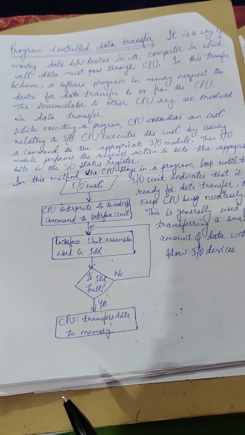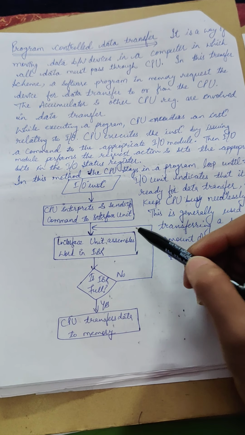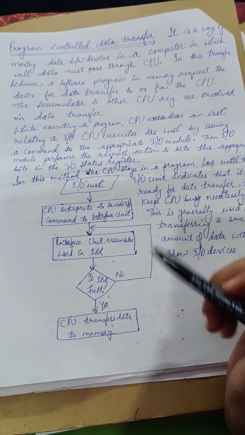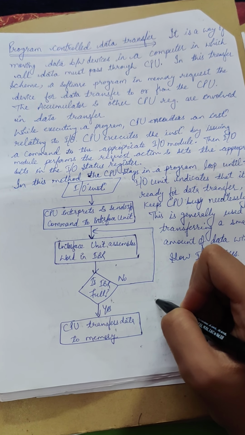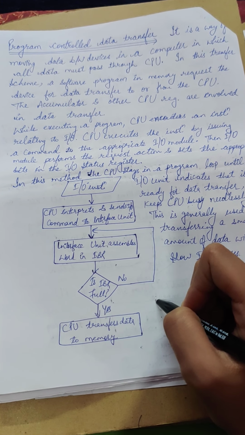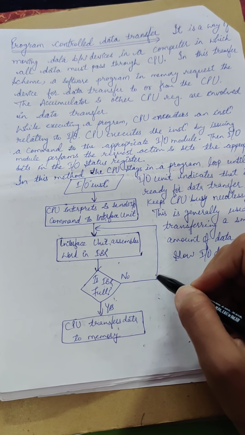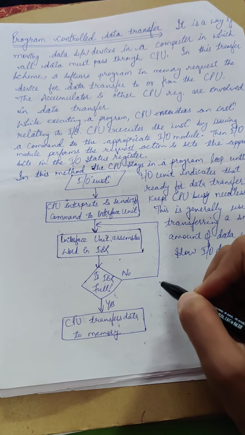This is the flowchart for program controlled data transfer. While executing a program, the CPU encounters an instruction relating to I/O.